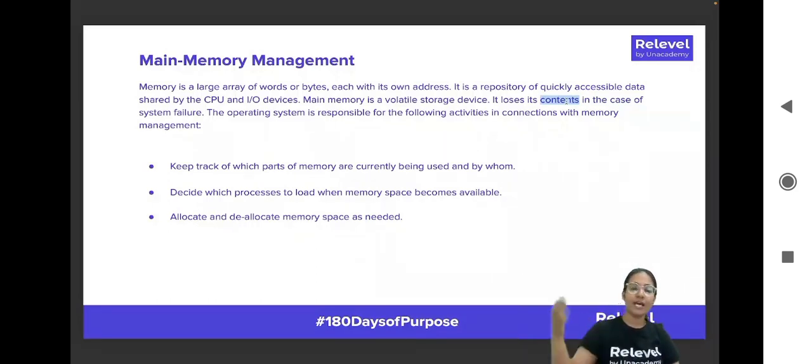When those processes are executed, the main memory becomes empty, so it has space, and then you need to pick processes again and put them into main memory. Which processes will be picked is handled by the operating system, right? It also keeps track of how much of the memory is being used by whom, and sometimes allocates and deallocates memory space as and when required. Okay, so that's what main memory management is.